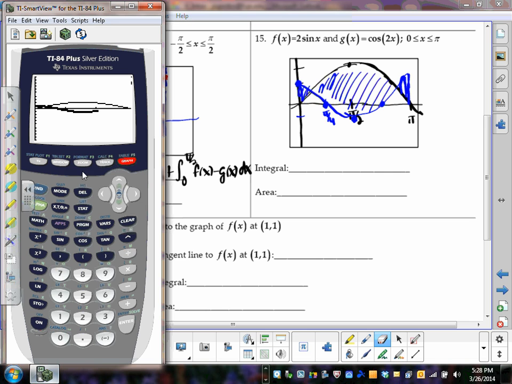If I want to make this a little nicer, I could zoom 0. If I zoom trig, it's going to change my x values to the -2 pi to 2 pi, so I don't really want to zoom trig very often. So if I look for my intersections, we have 0.374.